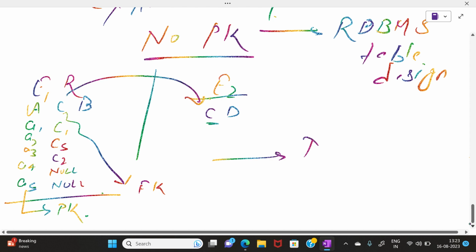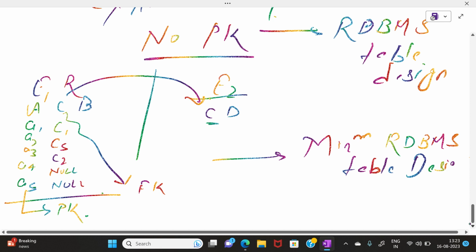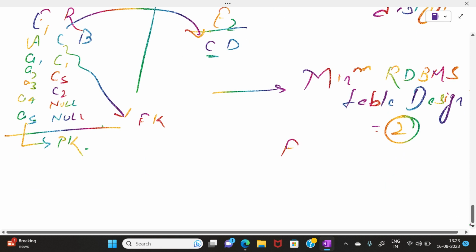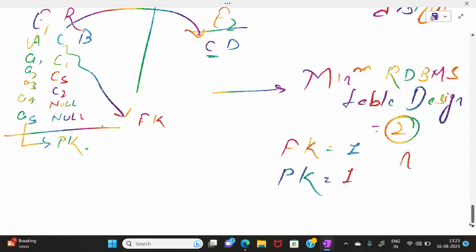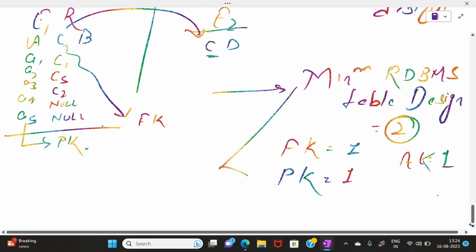So this will be the minimum RDBMS table design, right? With two tables in it, and the foreign key will be 1, primary key will be 1 and alternate keys will be 1. So this way we can handle this 1:1 mapping with partial participation at both the ends, right?